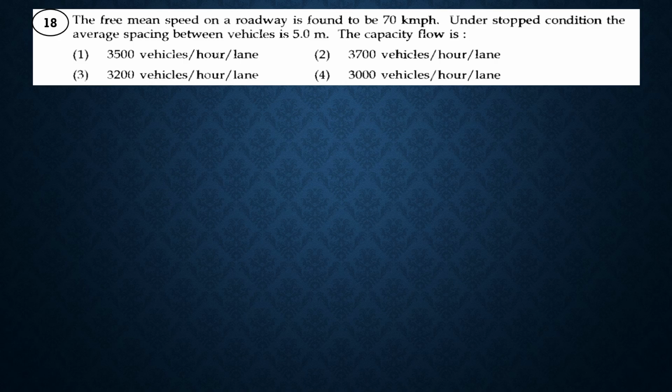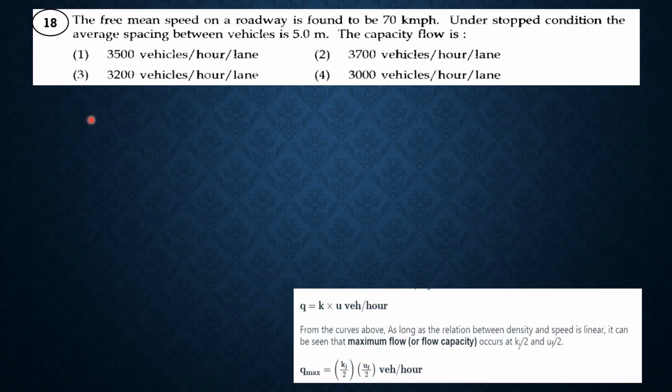Then question number 18. The free mean speed on a roadway is found to be 70 km/h under stopped condition. The average spacing between the vehicles is 5 meter. The capacity of flow is? Formula to calculate the capacity of flow is Qmax equals kj by 2 into uf by 2 vehicle per hour.